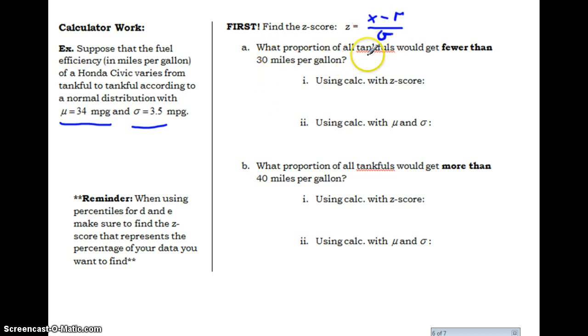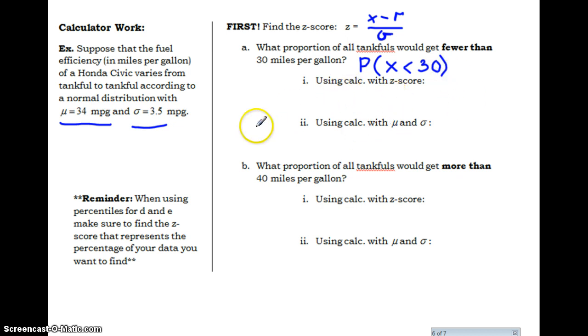So it says, what proportion of tankfuls would get fewer than 30 miles per gallon? All right, so fewer than 30 miles per gallon. What I'm looking at here is the probability, P, that whatever amount of gallons you get is less than 30. That's what I'm really looking for. Okay, so that's going to be my ultimate decision here.